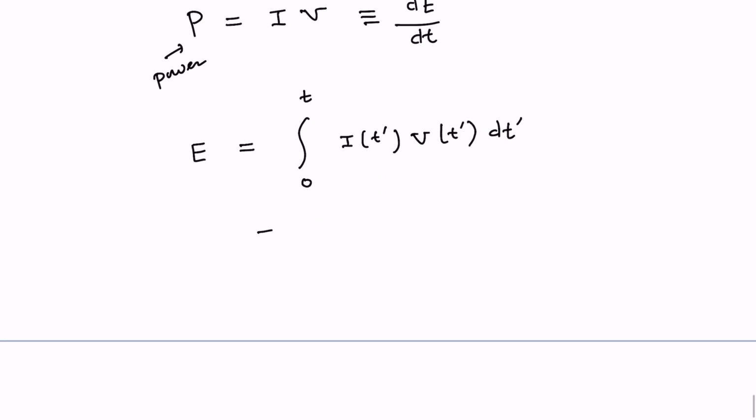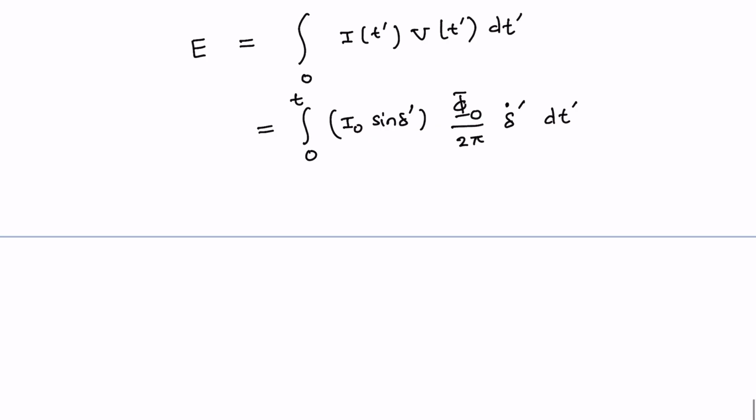Then if I put in the value of the current, I of t dash is I0 sine delta dash, and for the voltage we have phi 0 divided by 2 pi, which is a constant, times delta dot dash, dt dash.